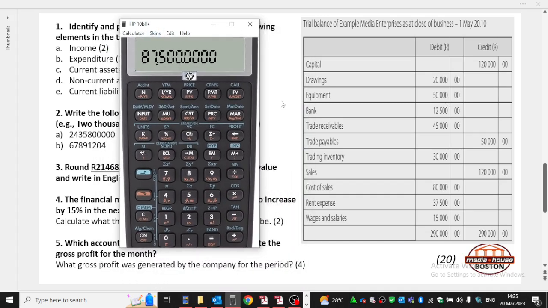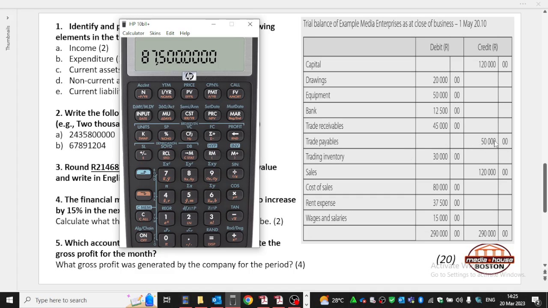And then current liabilities. Current liabilities are all the credit that the business has taken on over a short term, a period of 12 months, and they will have to be paid within that same period of 12 months. If we take a look here, we only have trade payables. These are our short-term creditors, where we buy our goods or inventory on credit.